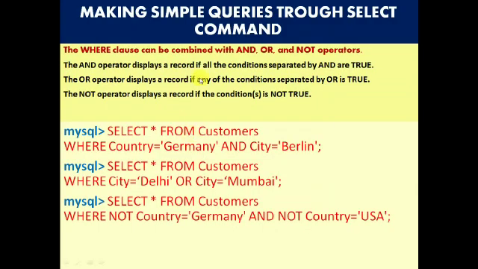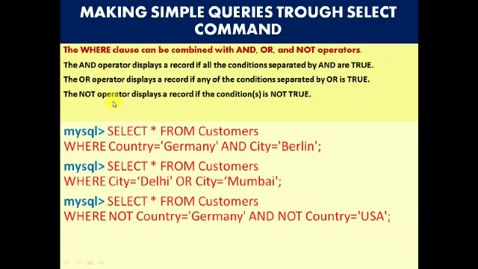Now next, we'll see how to use the AND, OR and NOT operators with the WHERE clause. The AND operator is used when you want to make sure that both conditions must be true. The OR operator is used when you want to give the liberty that if any one of the conditions is true, it is still considered true.